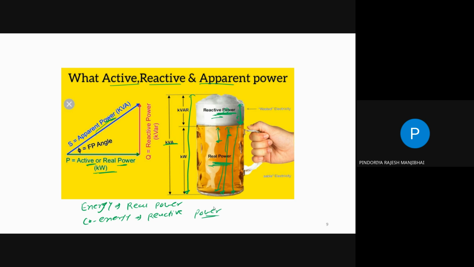Your energy is your real power, and co-energy is your reactive power. Yes, we cannot use the co-energy, but it is mandatory for the electromagnetic circuit. In an electromagnetic circuit, co-energy is most important.